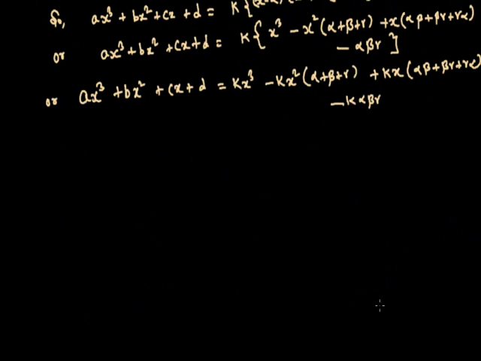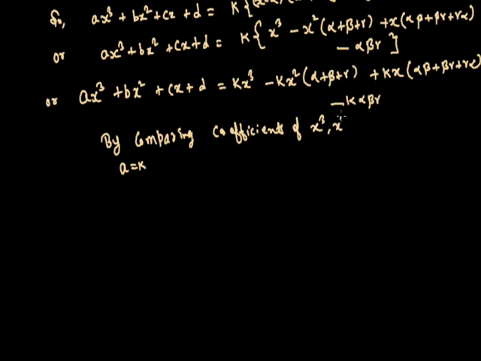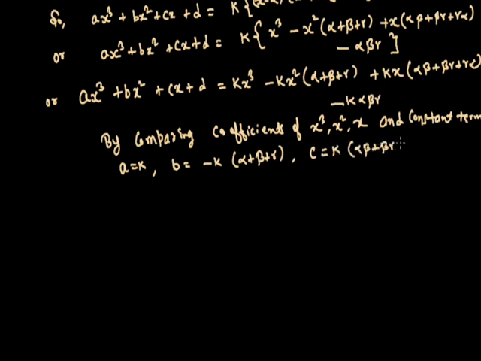Now if we compare the coefficients of x cube, x square, x and constant, we will get a equal to k, b equal to minus k(alpha plus beta plus gamma), c equal to k(alpha beta plus beta gamma plus gamma alpha), and d equal to minus k alpha beta gamma.